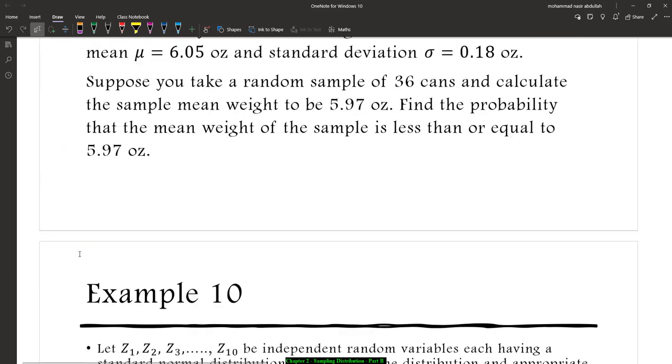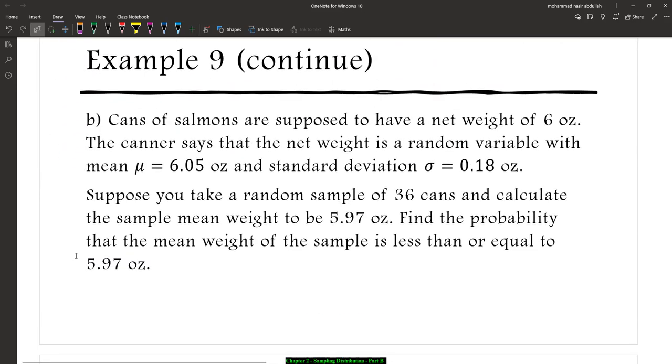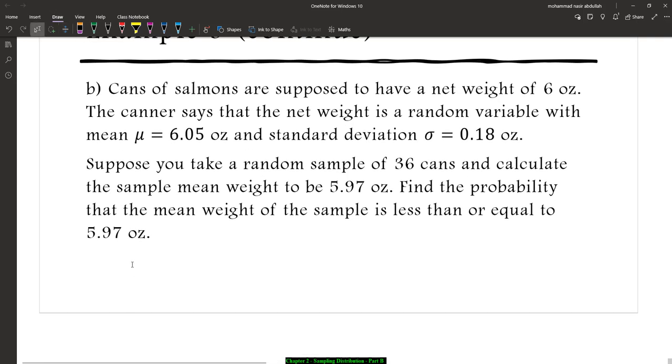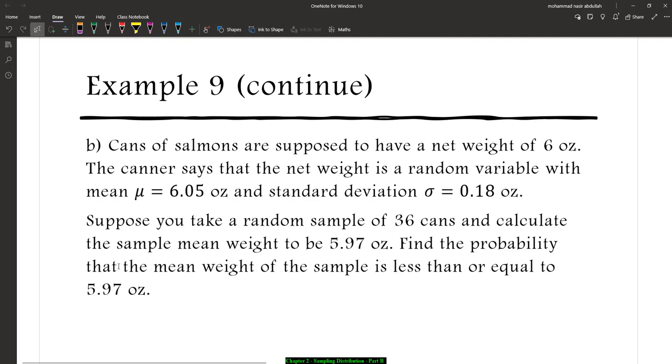Alright, so let's look at example number 9, continue B, right? This is B. Can of salmon are supposed to have a net weight of 6 ounces, right? So this is the average weight lah. Weight is 6 ounces, right?